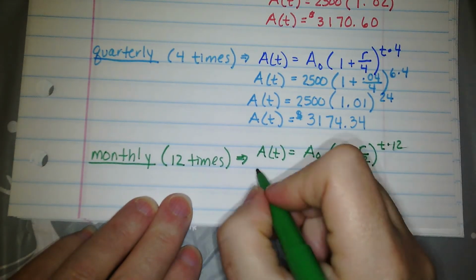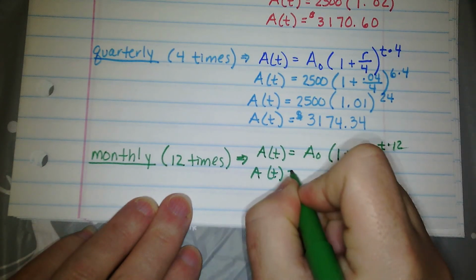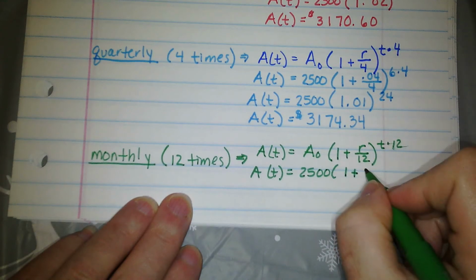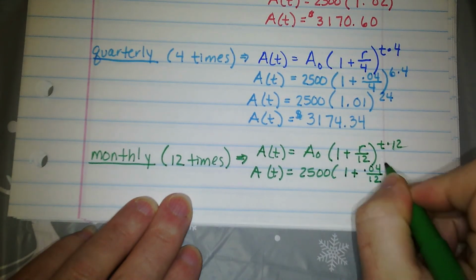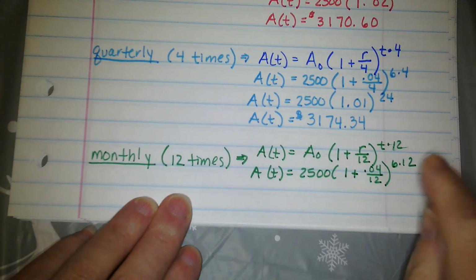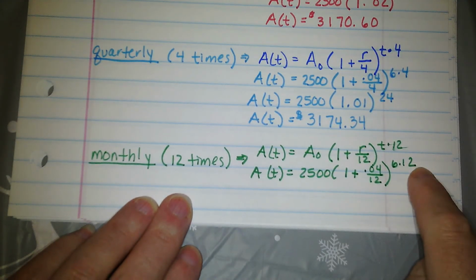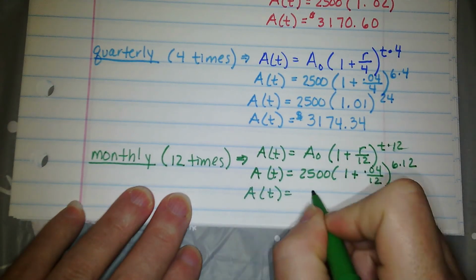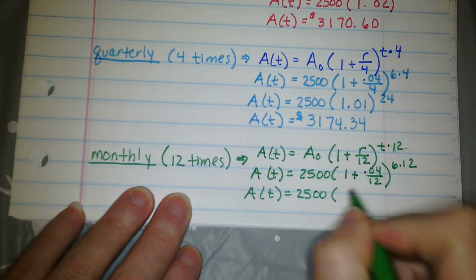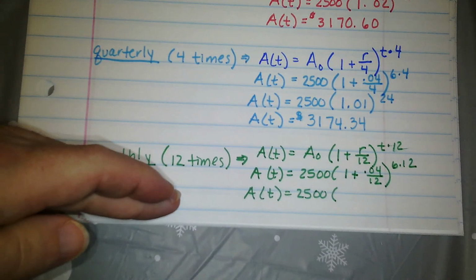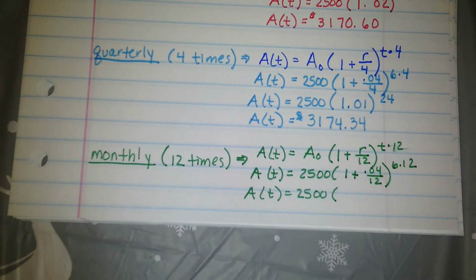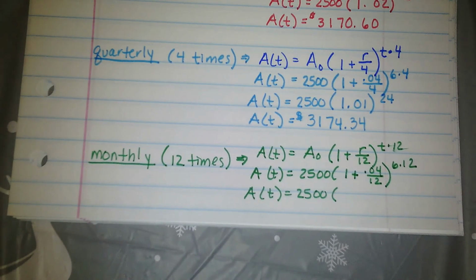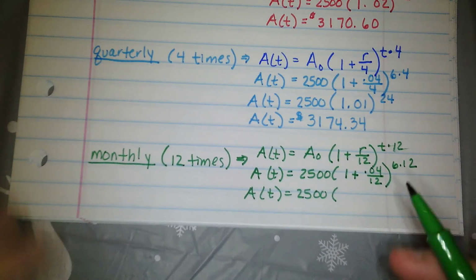Okay. So 2,500. 1 plus 0.04 over 12. 6 times 12. This is 72. So we're doing this 72 times instead of just once for an annual. We need 0.04 divided by 12 plus 1. Okay.